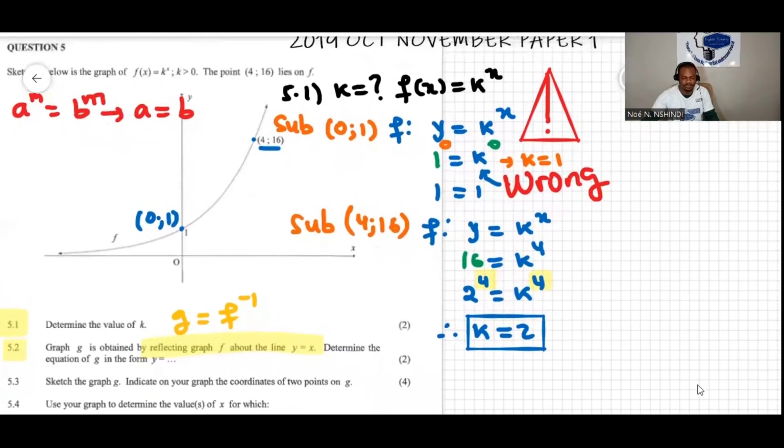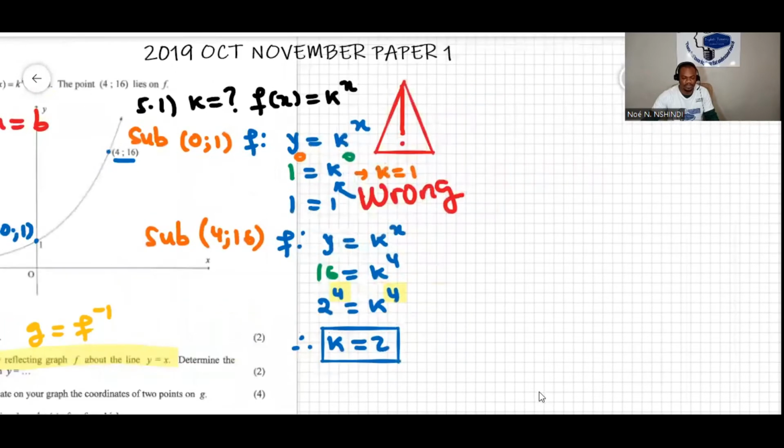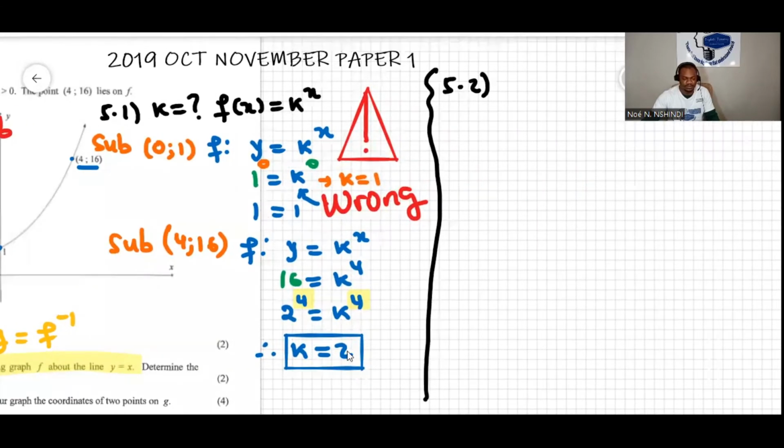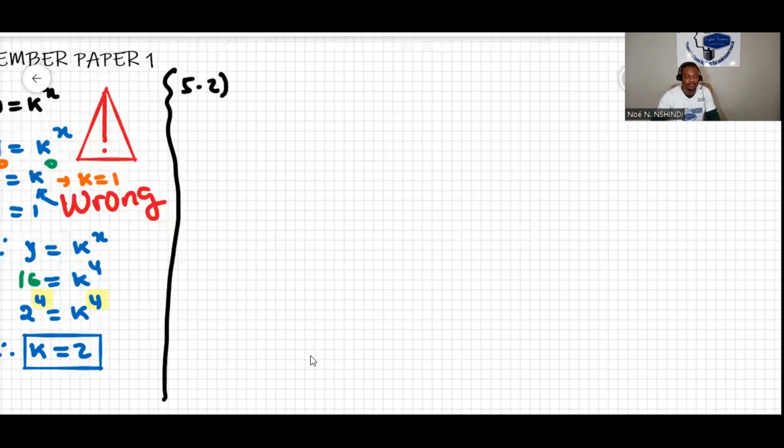I'm gonna move my board over here. So 5.2. Let's do it here. We're looking for the equation of g of x in the form y equal to.